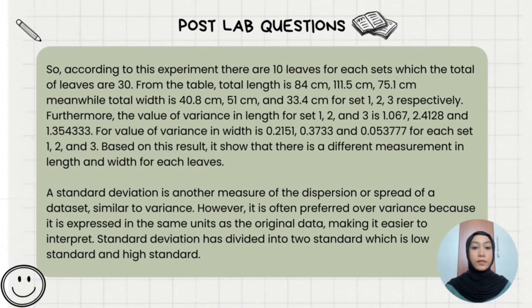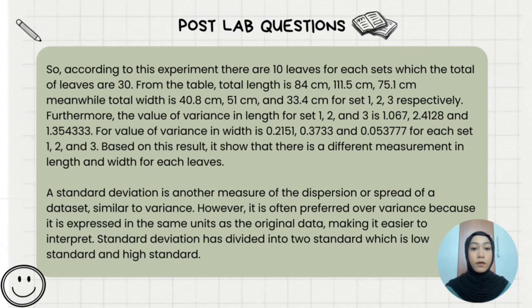So according to this experiment, there are 10 leaves for each set, which the total of leaves are 30. From the table, total length is 84 cm, 111.5 cm, 75.1 cm, meanwhile total width is 40.8 cm, 51 cm and 33.4 cm for set 1, 2 and 3 respectively.